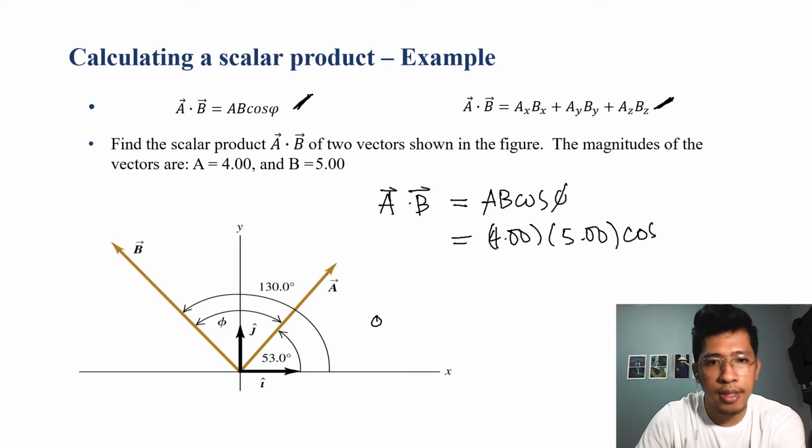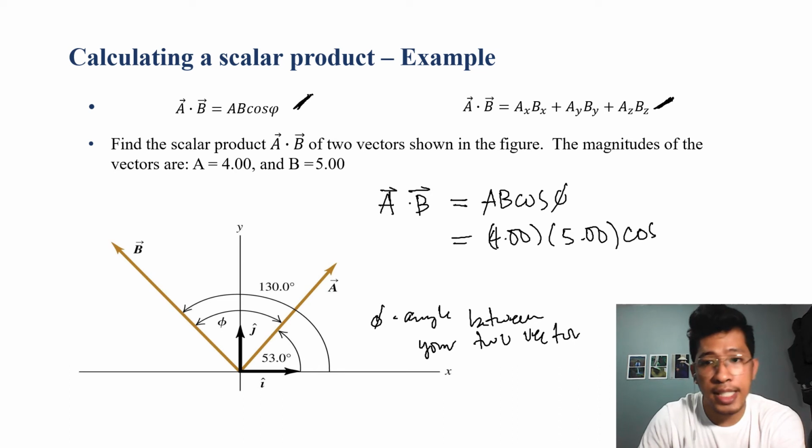Again, your phi is the angle between your two vectors. This is the smallest angle between your two vectors. And for this case here, your angle phi is this one here.